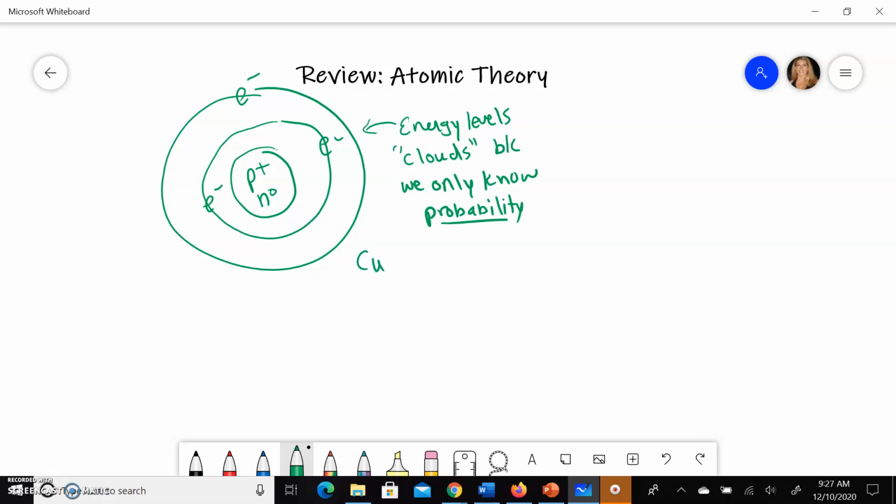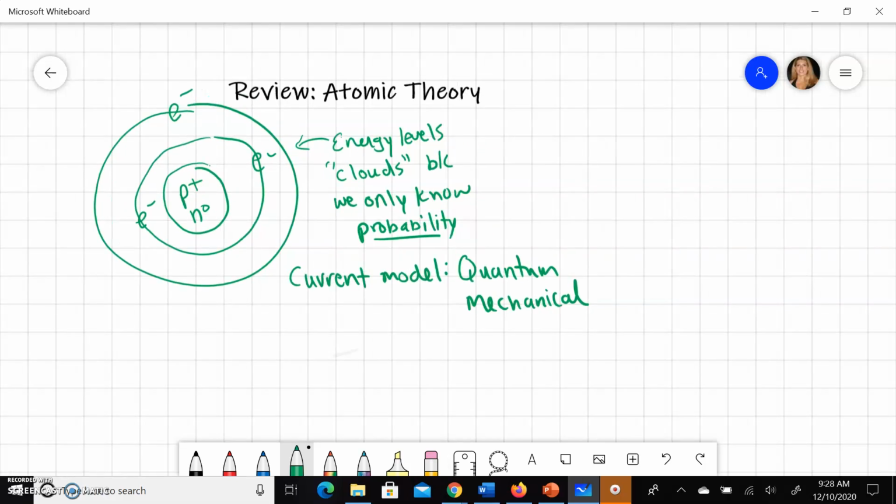This current model is called the quantum mechanical model, and it's the one that has the fuzzy clouds.